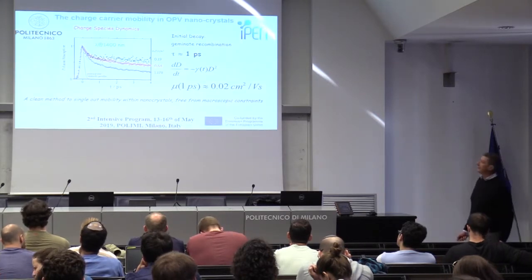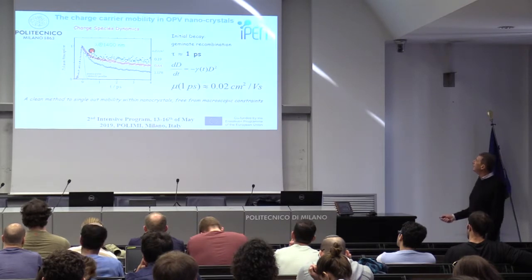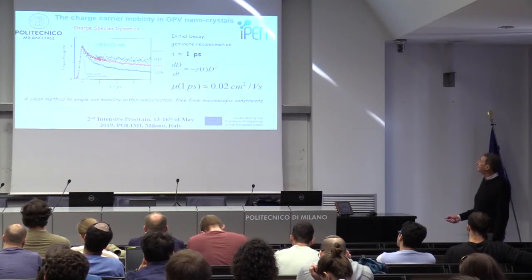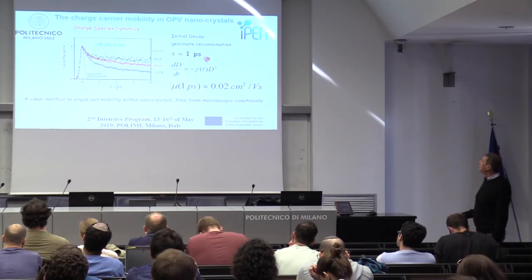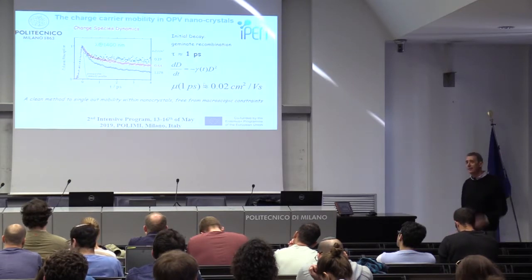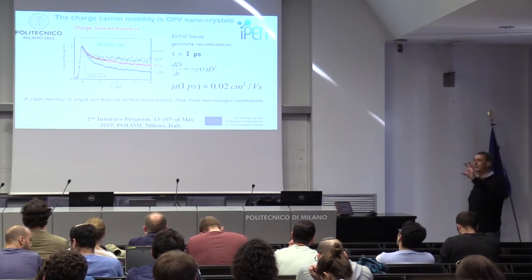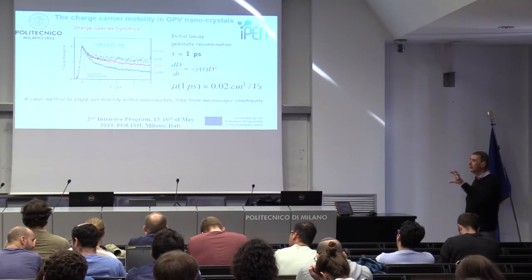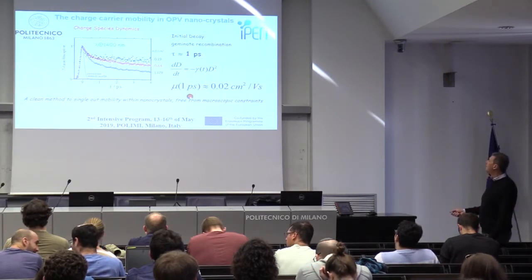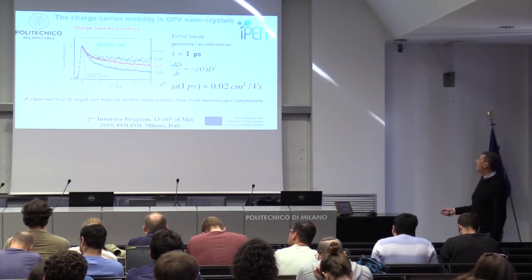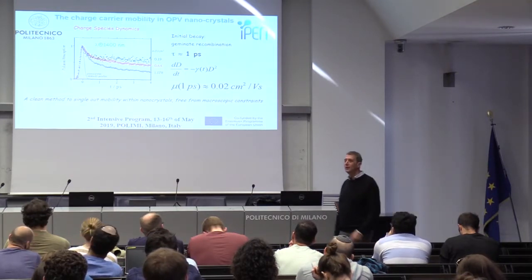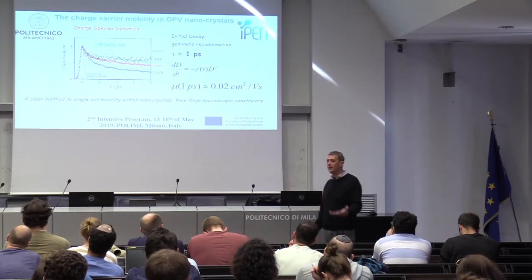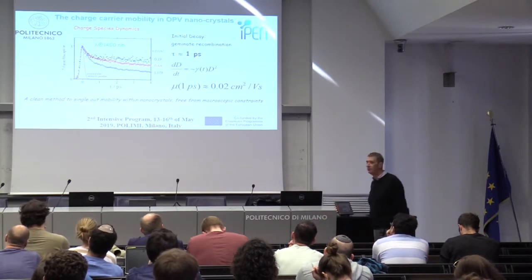This is again a measurement done by Larry Luer. You see here the decay is faster or slower at different population density, and we were measuring the bimolecular recombination of charges, but the bimolecular recombination of charges gives you information on the mobility because there is an electric field. So we were able to measure the mobility of the charge after 1 picosecond from their generation, which is something you cannot do with an electronic measurement, with a transistor, space charge field, whatever.